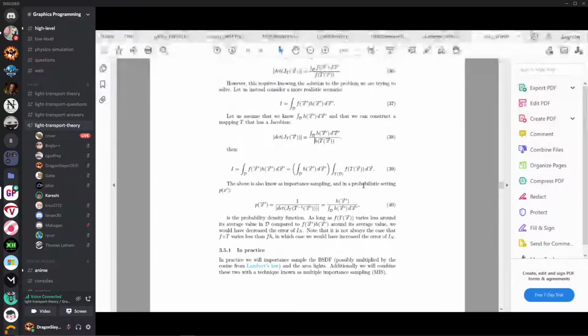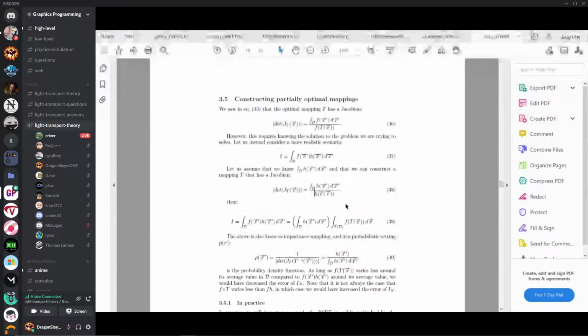Do you know of any other hints to find this approximate function? Oh yes, there's the topic of path guiding. I don't know whether you're familiar. Path guiding says, okay, I have this product, and I approximate it. It's not exactly that, but I approximate something like this, and then I can sample that.